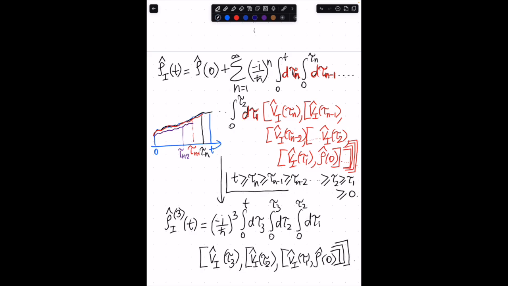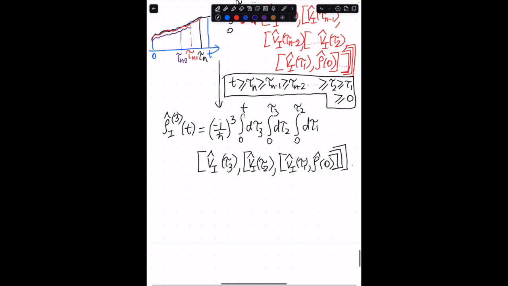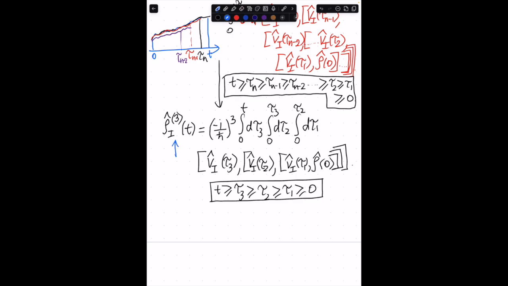So this is how you order your variables. Likewise, in this case, your t is greater than or equal to tau 3, which is greater than or equal to tau 2, which is greater than or equal to tau 1, and which is greater than or equal to 0. So this is how your integration variables will be arranged in this case. So this is your third order density operator in the interaction picture.